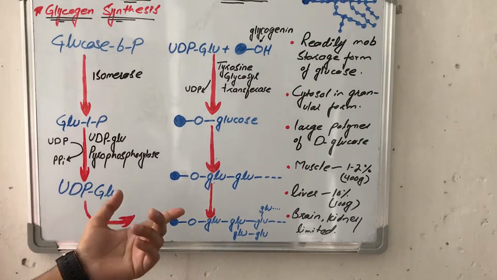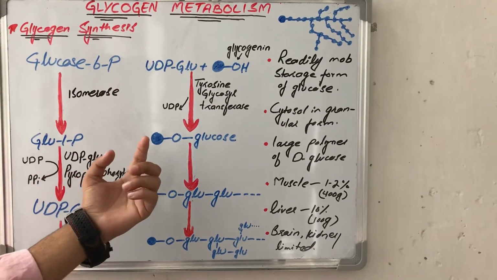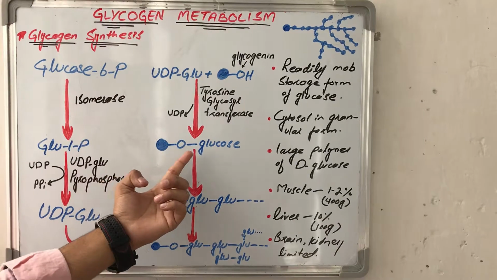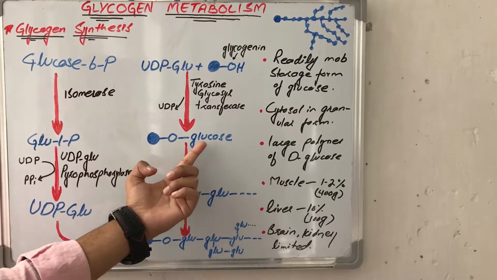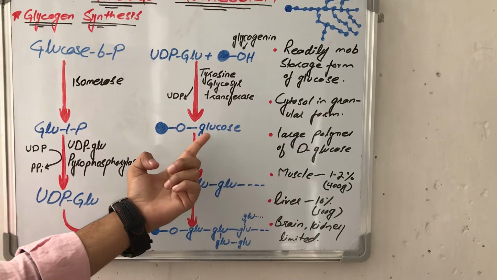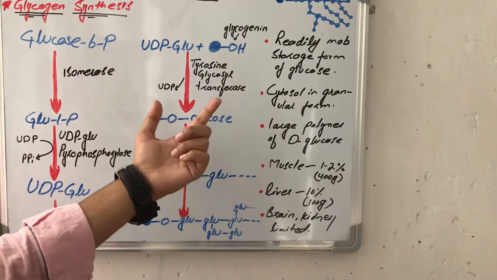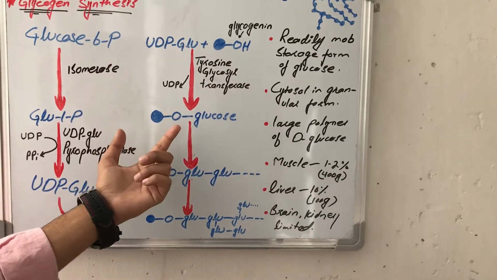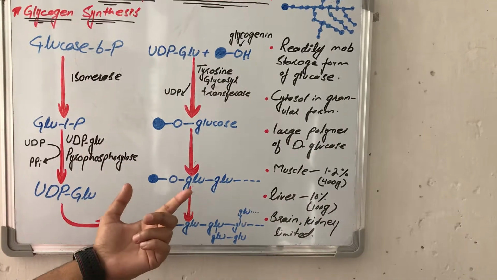This initial glucose is added to glycogenin. Without adding glucose to glycogenin, glycogen synthesis is not possible.